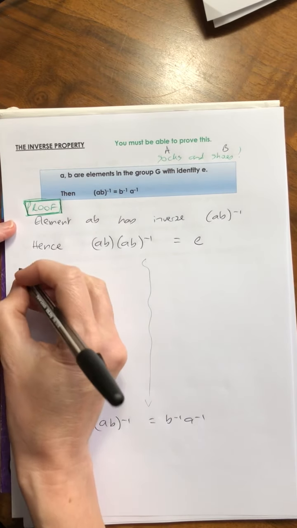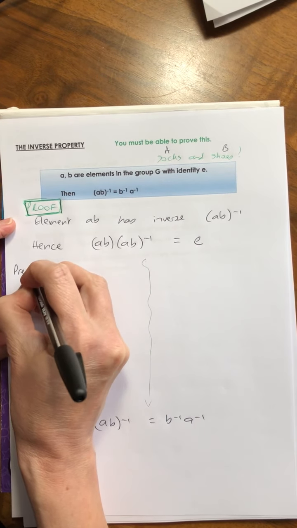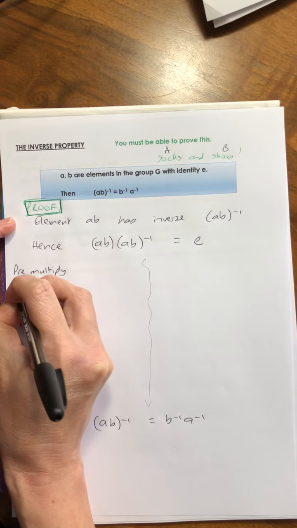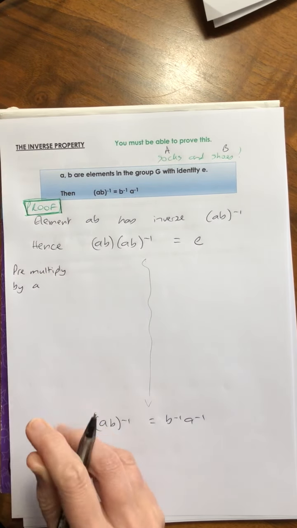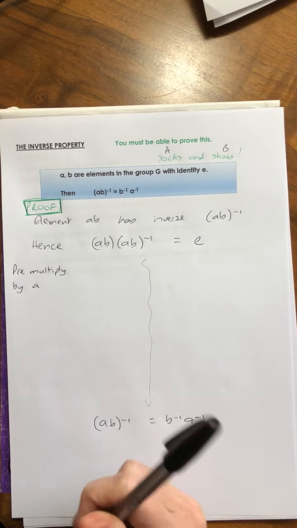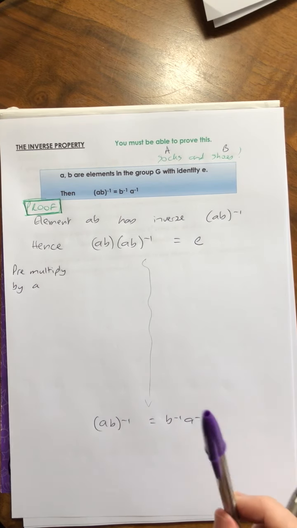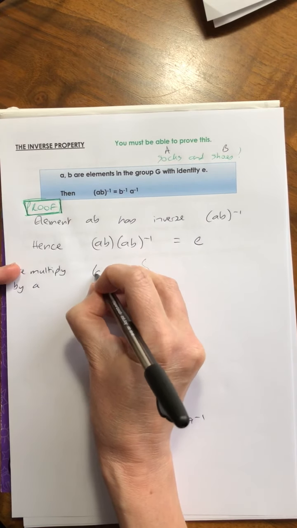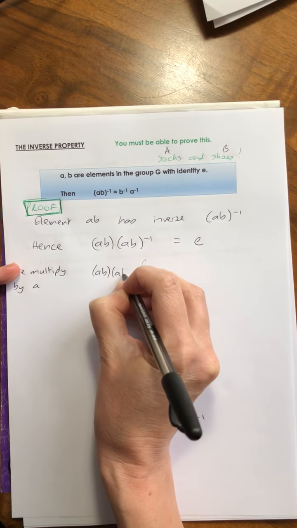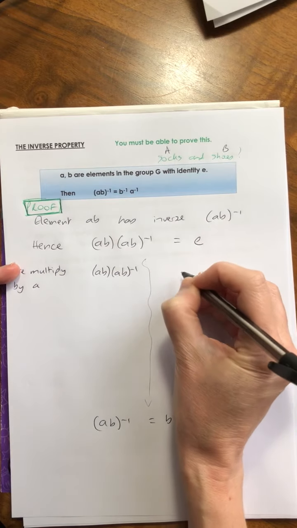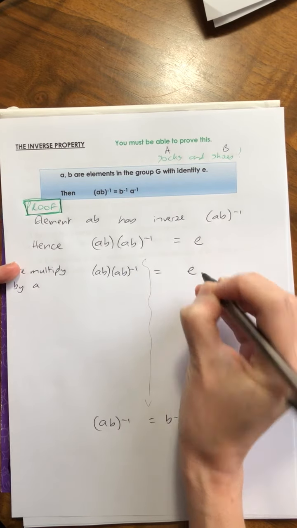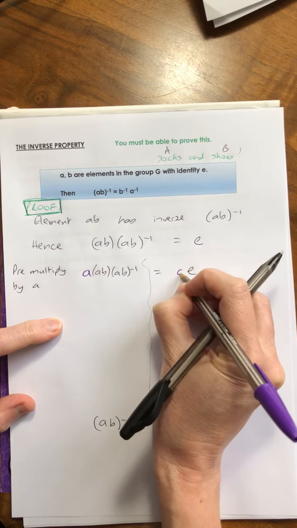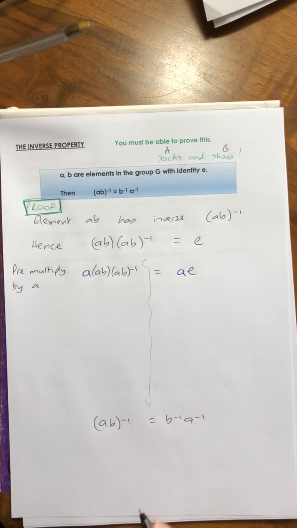So what I'm going to do, and I'm stating what I'm doing because I'm proving it, I'm pre-multiplying by A. Again, this is language that we use when we do matrices, don't we? When we do matrices, we pre-multiply, we post-multiply. So I'm going to have AB together with my AB inverse and my E over here. I'm going to pre-multiply by A, so there's the A, and there's the A.